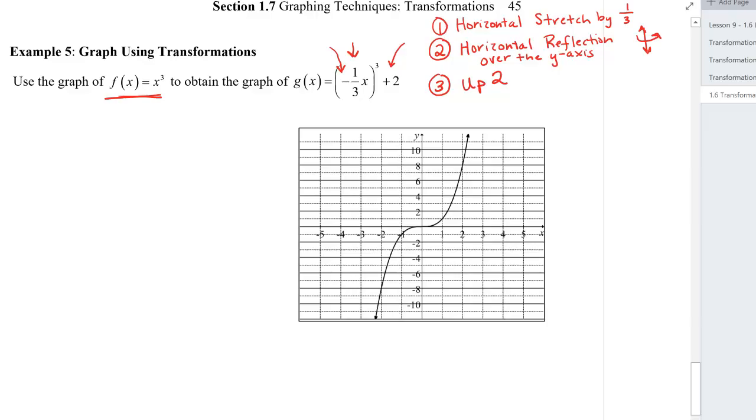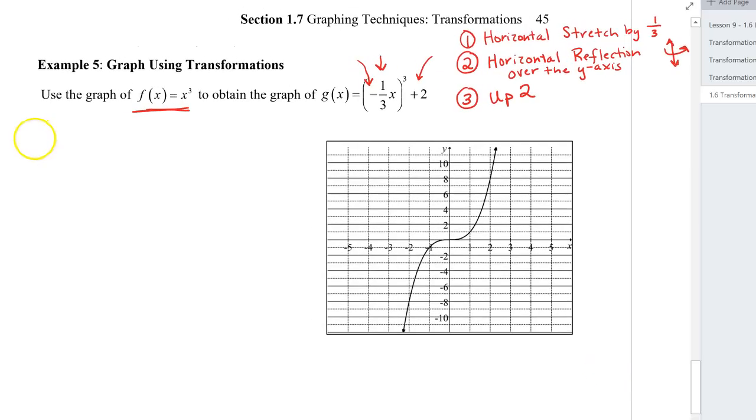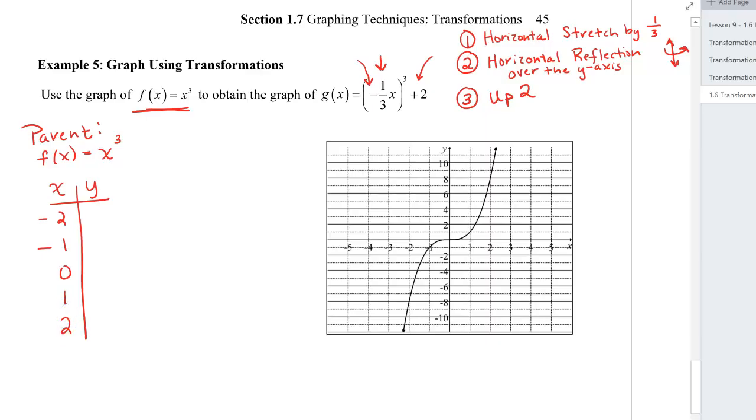All right, so let's start with our graphing work. So we start with our parent function. Remember that the parent function is f of x is equal to x to the third. And again, we go with our traditional 5 numbers, -2, -1, 0, 1, and 2.